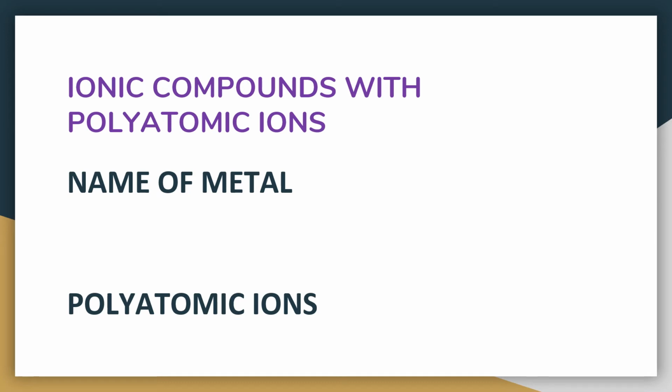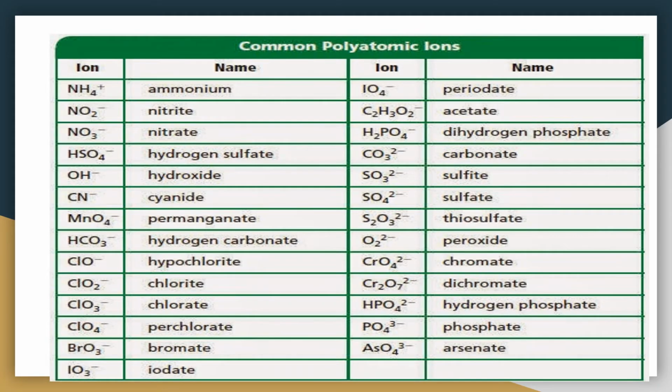Moving on to the ionic compounds with a polyatomic ion. They consist of our metal and polyatomic ions. Notice in the example of the common polyatomic ions that you do not have your non-metal ending in "-ide".